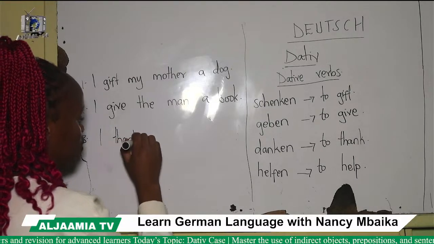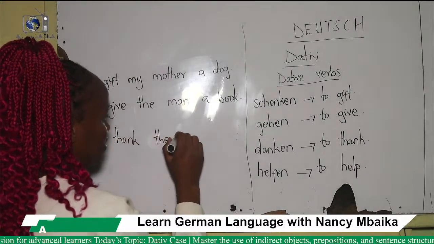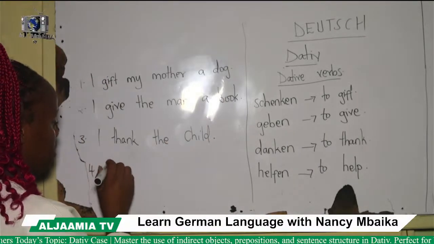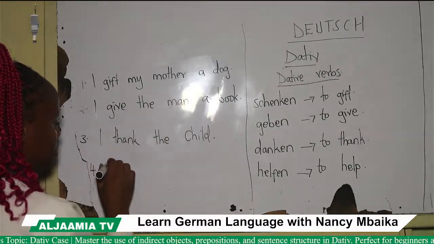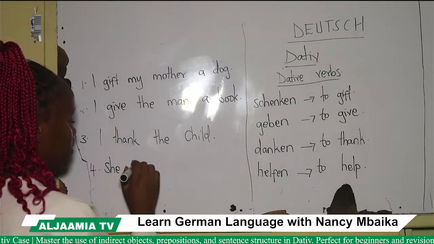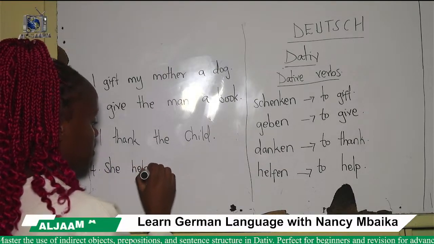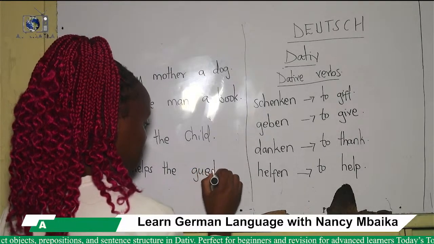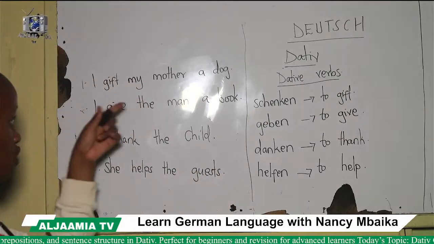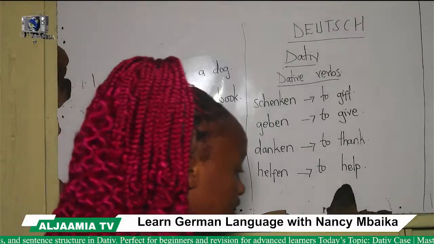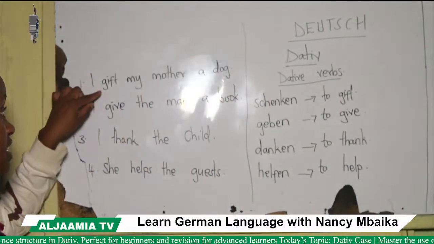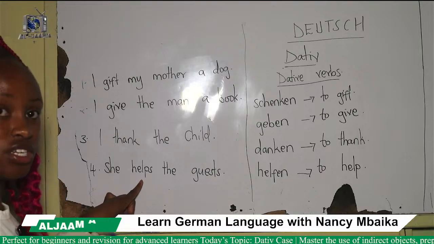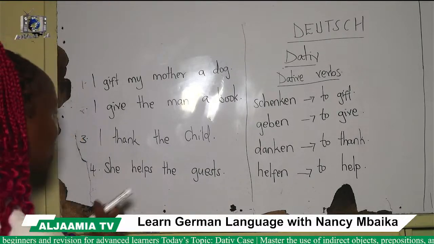Let me just write a short one. And then number 4, she helps the guests. I'm going to write the translations just down there. So because we are using gift, give, thank, and help, we are going to use the dative case.